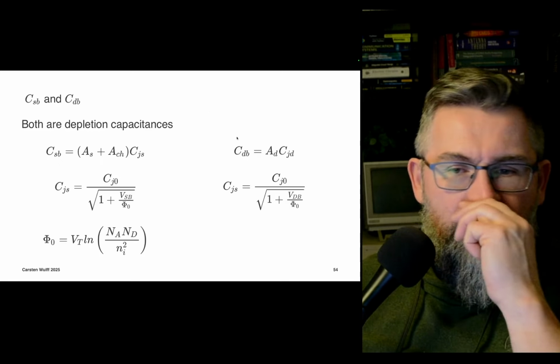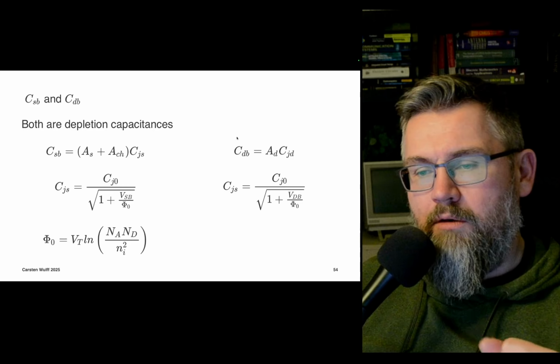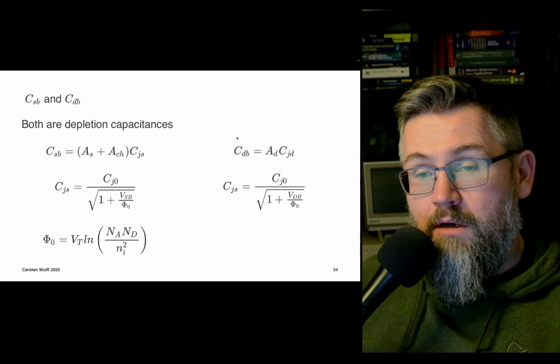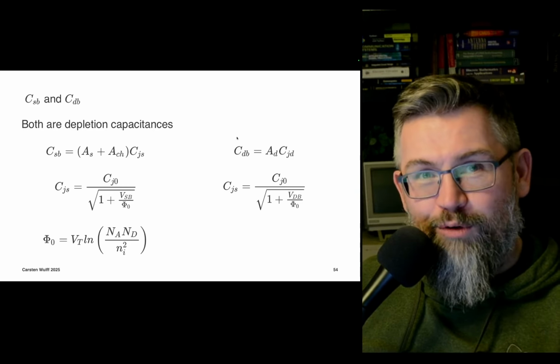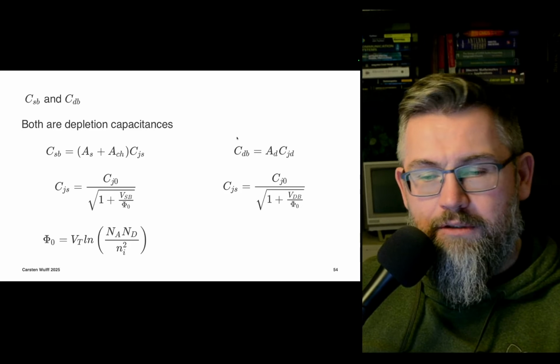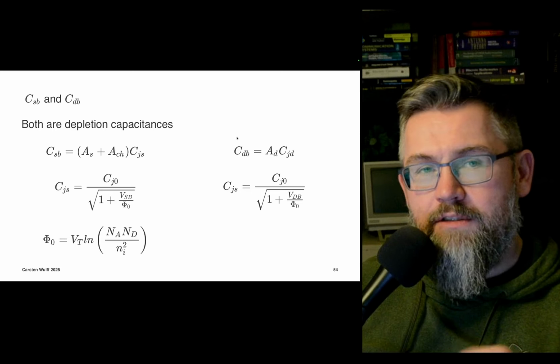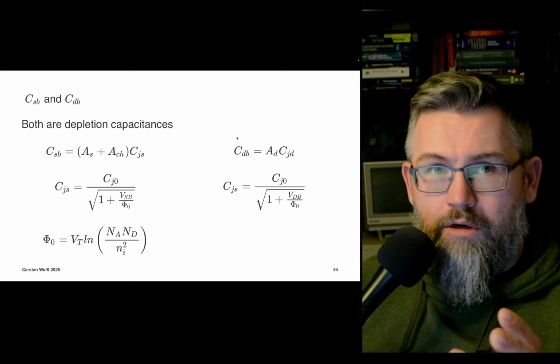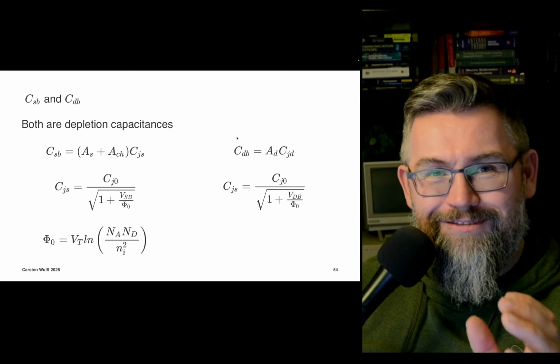look at that later. Now, the source and bulk capacitance in the bulk process, like SkyWater, those are both depletion capacitances. Those are the nonlinear capacitances that you have across the depletion region.